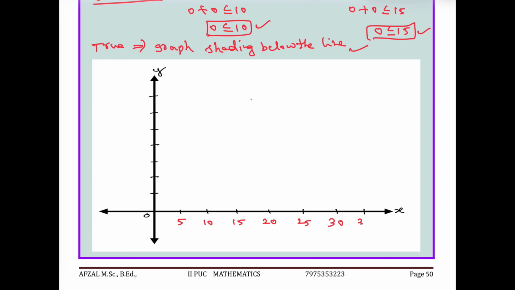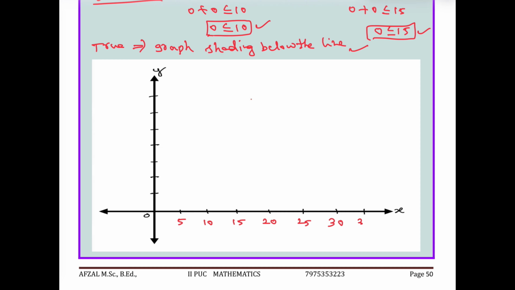Next, the general solution is y into IF equals integral q into IF dx. Then y into (1 plus x square) equals the integral of q, which is cot x divided by 1 plus x square, into IF, which is 1 plus x square, dx. 1 plus x square cancels.